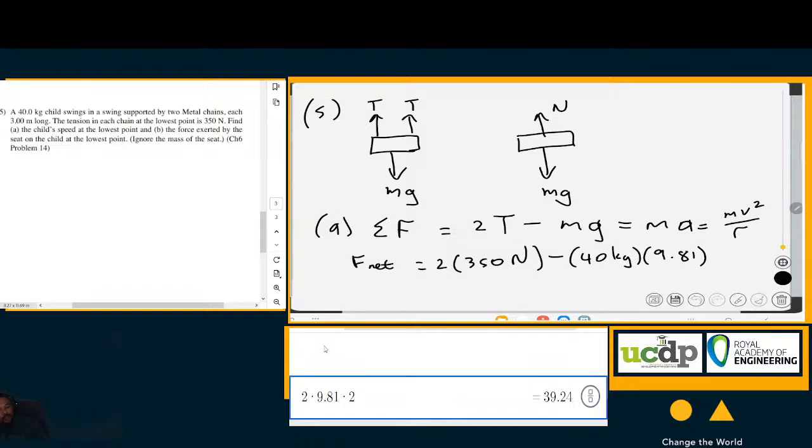That is the net force, and it's equal to m v squared over r. Okay?